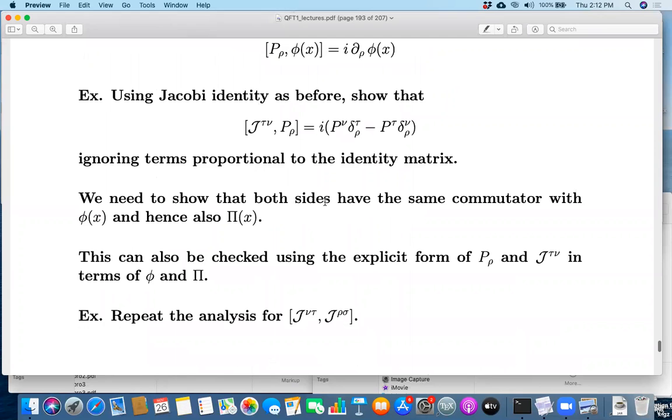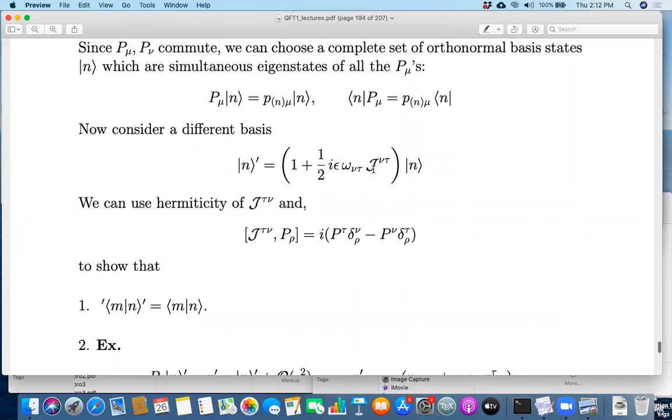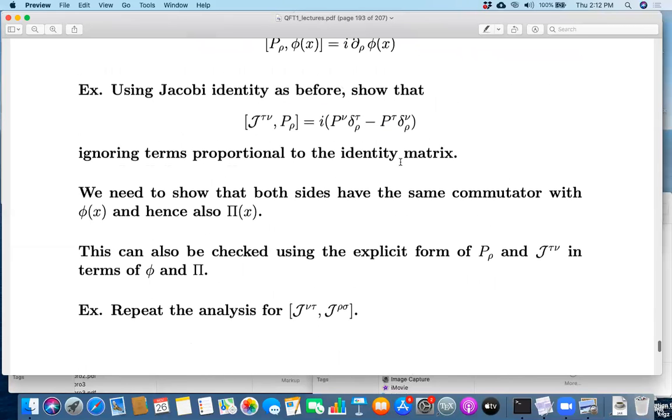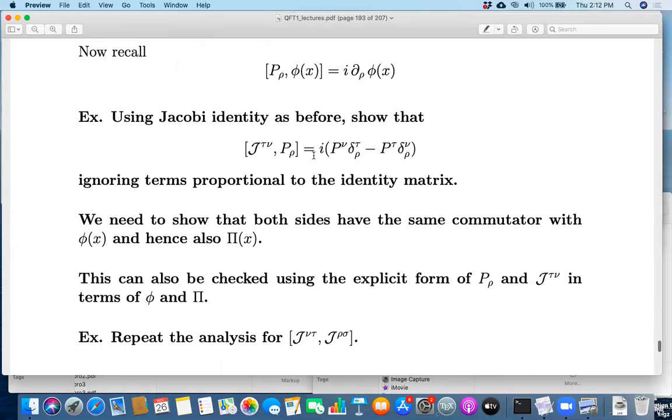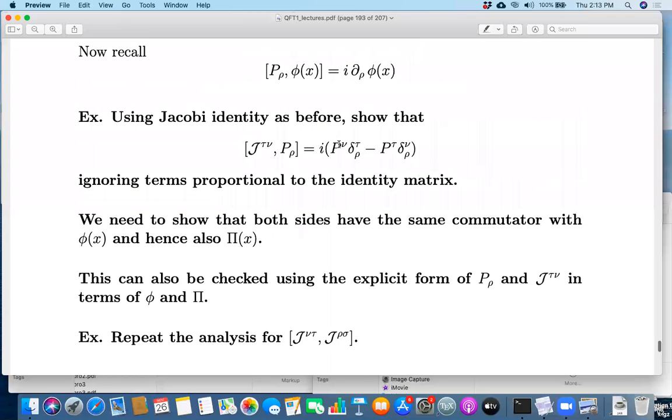We know this commutator. So we'll rewrite this as J nu tau times P mu on n plus the commutator. Now P mu on n, of course, you know, is Pn mu on n. And the P mu J nu tau commutator will again be a linear combination of the P mu's. You can see that from here. So that again will give you back Pn mu.